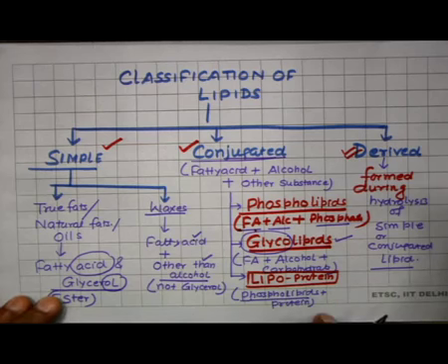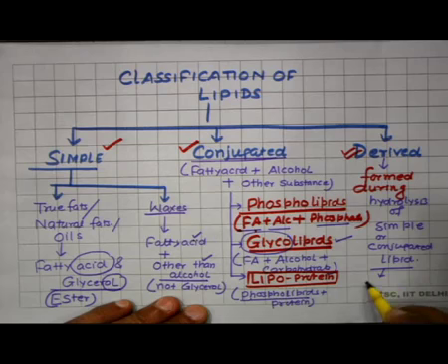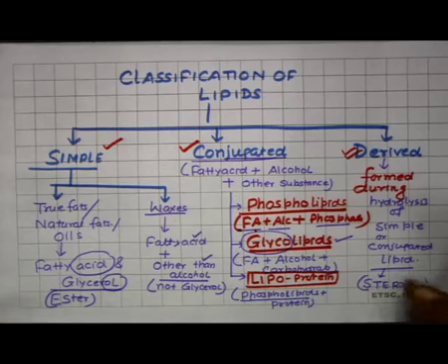The best example of a derived form of lipid in your book is steroids, sterols. So these are the 3 basic forms of lipids: simple, conjugated and derived.